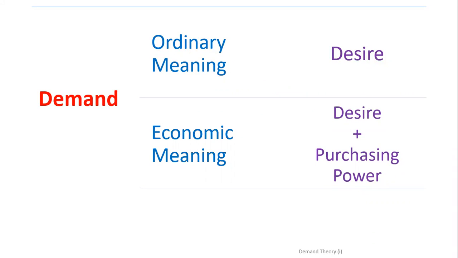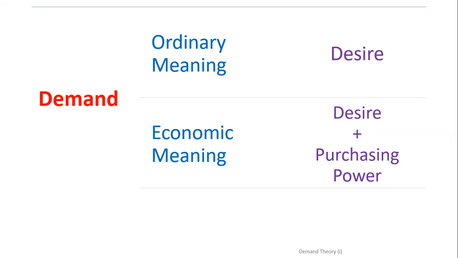For example, if I have 5 lakh rupees with me and I want to buy a piece of land worth rupees 7 lakh, then I have the desire to buy that piece of land, but I do not have the purchasing power to buy it. So, saying that I have the demand for this plot may be fine in our ordinary life, but in economics, this is wrong.